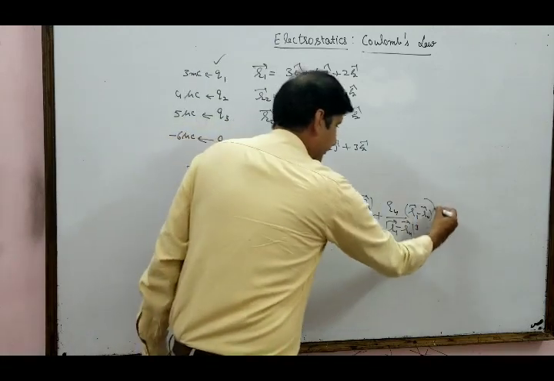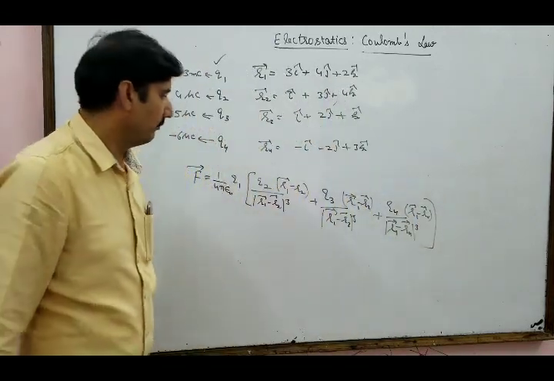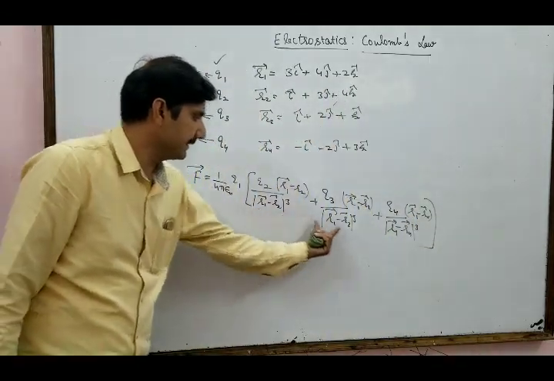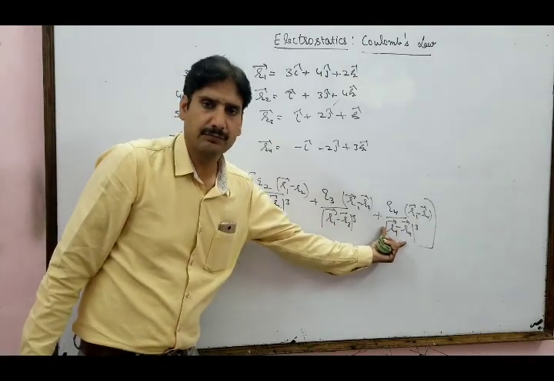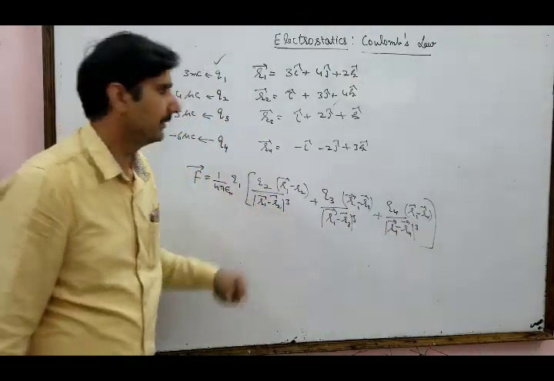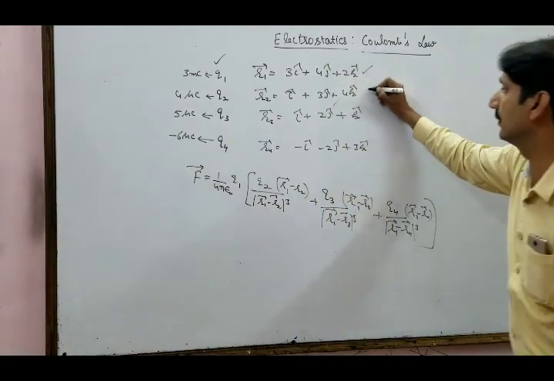So before putting in the values, what do I do? I solve these moduli first of all. What is R1 minus R2? You have got R1, you have got R2.